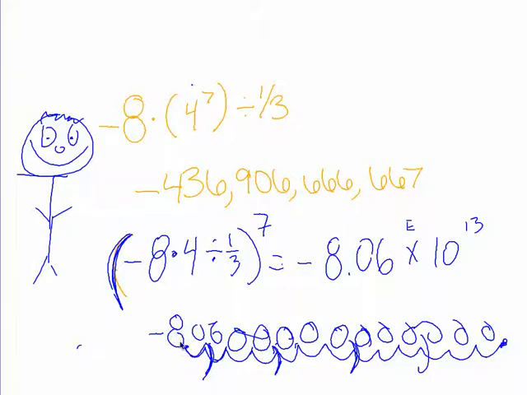So if I put -8.06, and it's times 10 to the 13th, I need to move this decimal place 1, 2, 3, 4, 5, 6, 7, 8, 9, 10, 11, 12, 13 times. And so this gives me a number, rounded of course, in the hundreds, thousands, millions, billions. This number's in the trillions. 80,600,000,000,000. And I am just dropping the rest because this is such a small number. And this was the winning number.